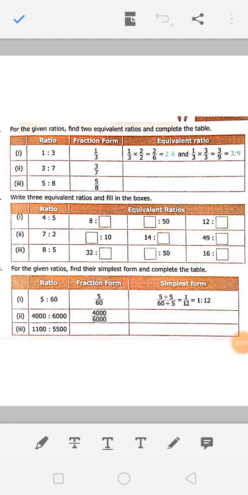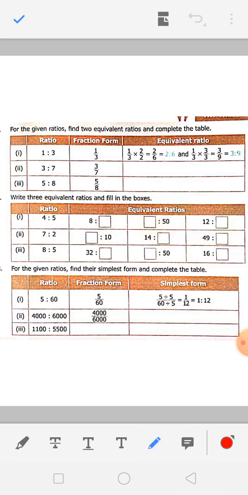Same method only. Look at that, 8 ratio 5. Here 32 is the first value. So 8 changed into 32. How? 8 1s are 8, 8 2s are 16, 8 3s are 24, 8 4s are 32. So we have to multiply by 4.